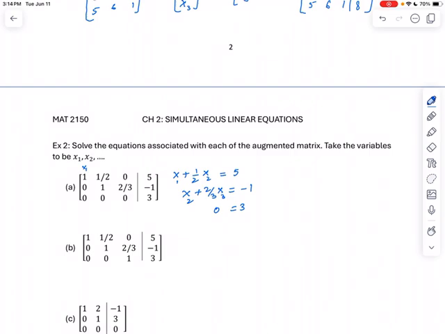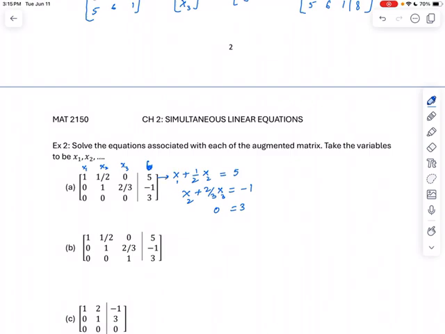Remember, this first column will be the coefficients of x1, the second will be the coefficients of x2, the third will be the coefficients of x3, and then if you see this line and then another column, this is the B column, the entries of the B vector. This is going to come on the right side of the equal sign.